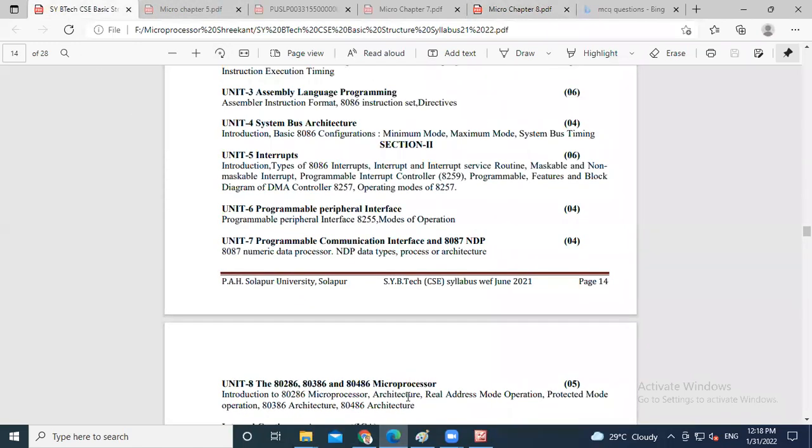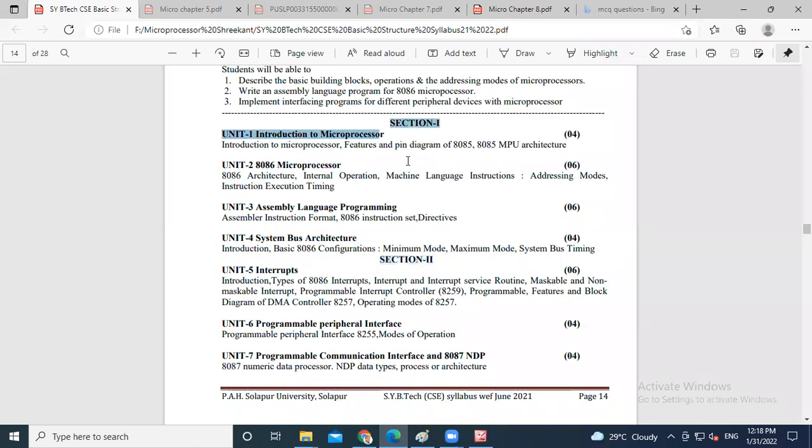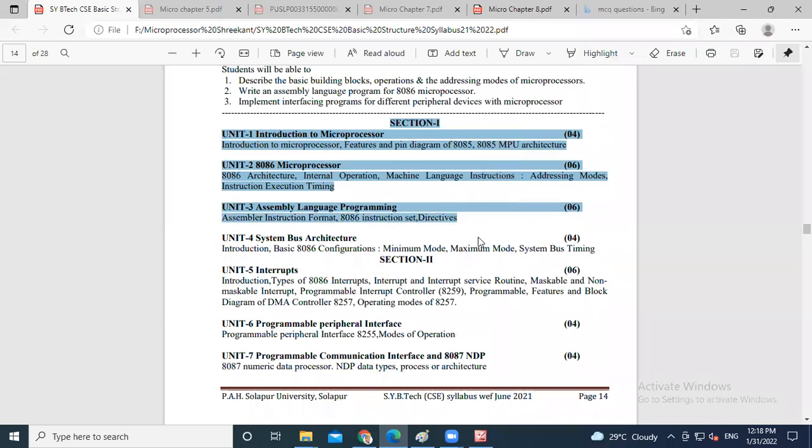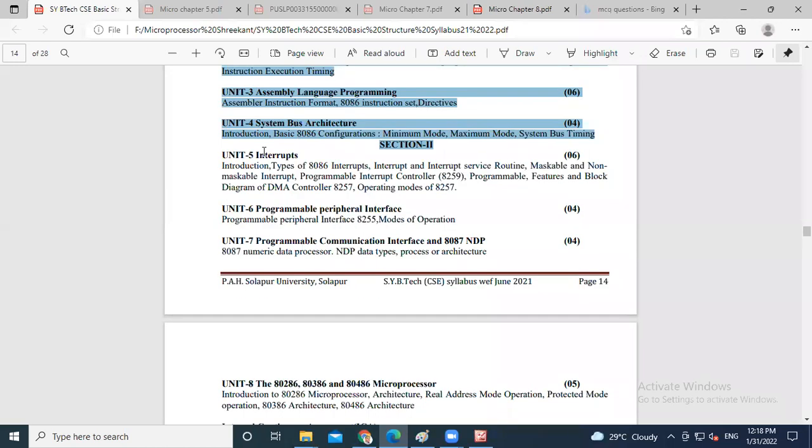Dear all students, the first section we already completed long back, and in section 2 we completed the interrupts chapter, unit number 5.